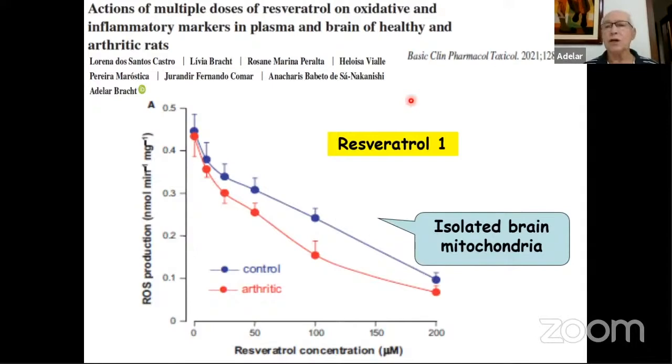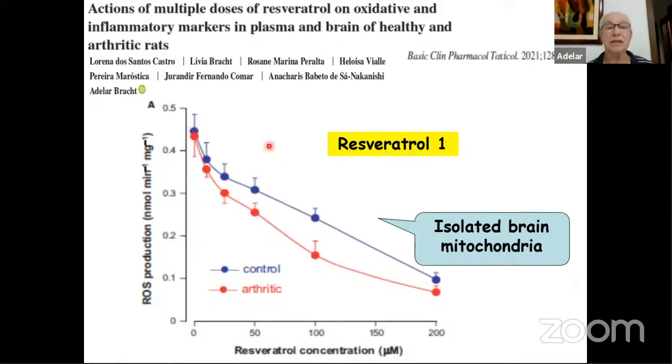This work, which was recently published, shows that resveratrol inhibits the production of reactive oxygen species in a concentration-dependent manner in isolated mitochondria. These mitochondria were isolated from the brain, so all factors that might increase production of reactive oxygen species in vivo have been eliminated.